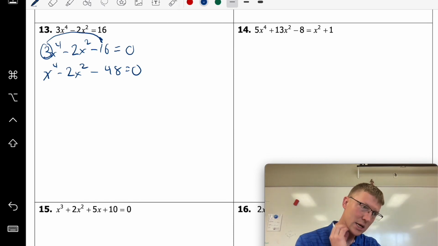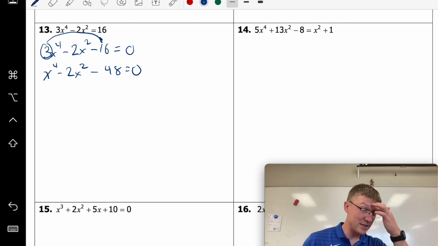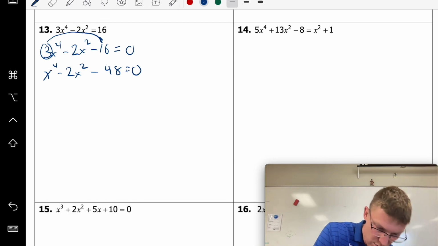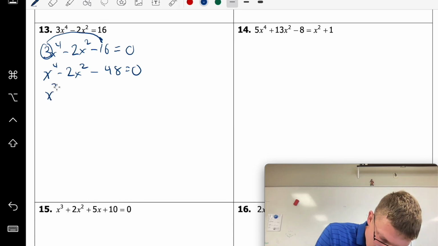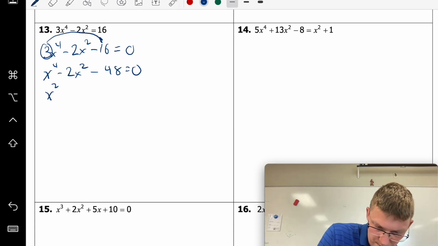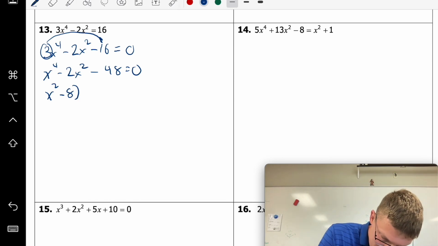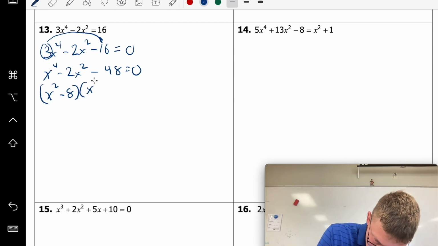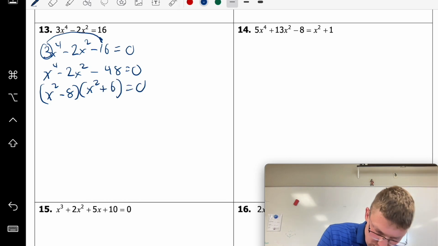Anyway, got to 8. 8 and 6, so 8 minus 6 is 2, so we're good to go with that one. So it's going to be x squared, the bigger number should be negative, minus 8. x squared plus 6 equals 0.